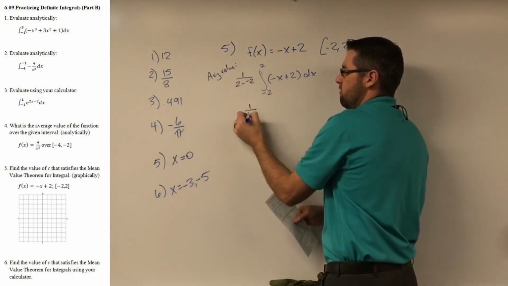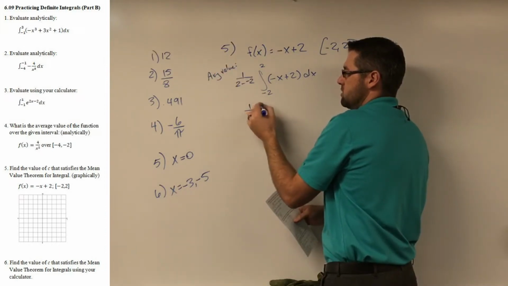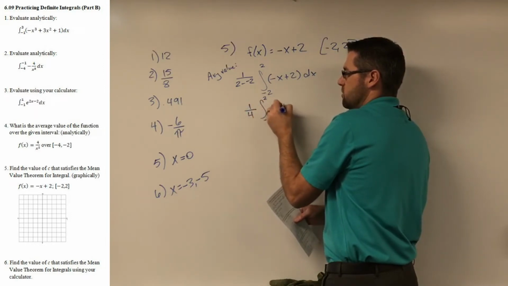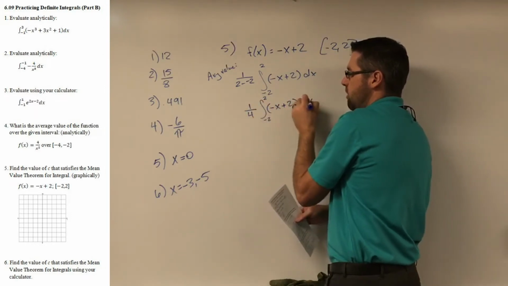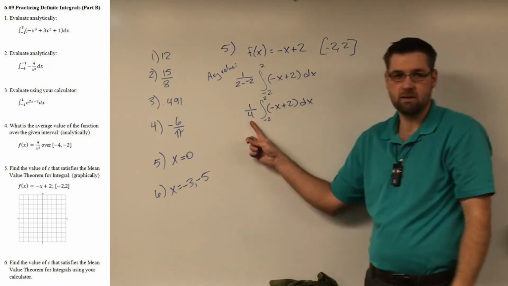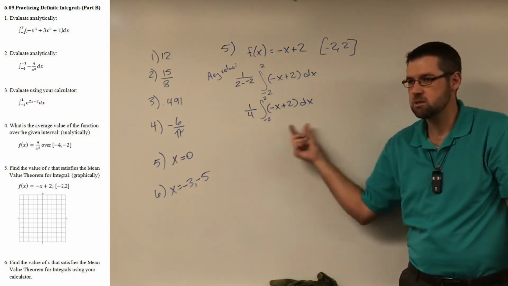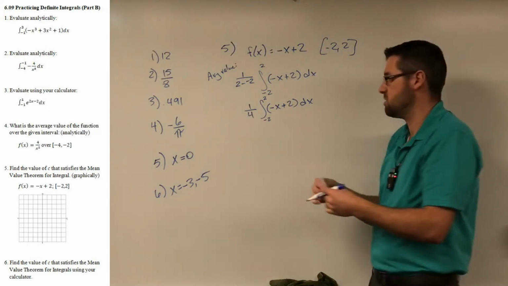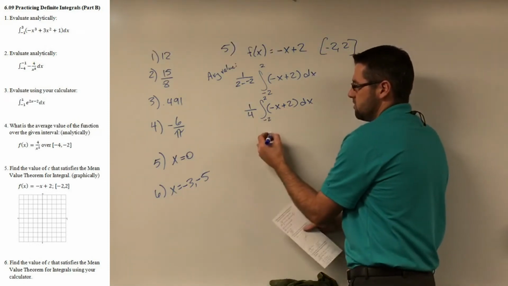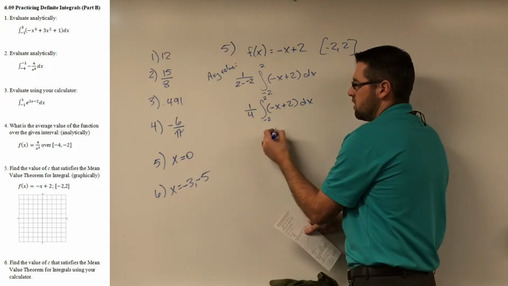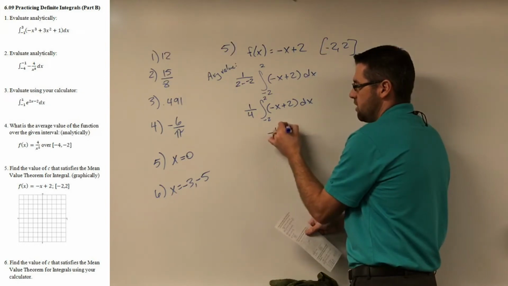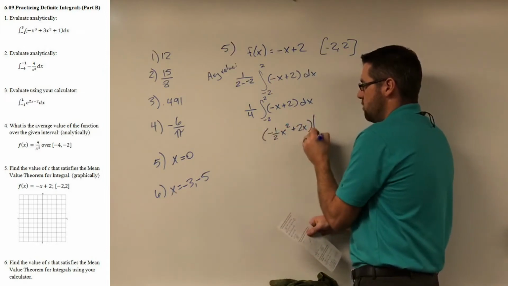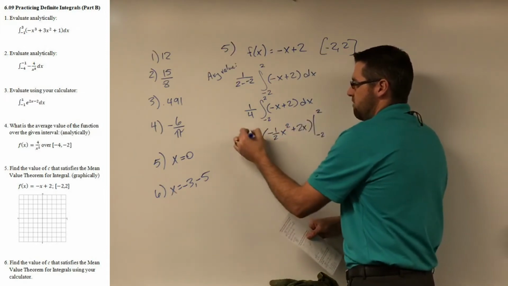So the average value is going to be 1 over 4 times the integral from negative 2 to 2 of negative x plus 2 dx. Now, there's a couple ways to approach this, but this is a constant, right? Remember what we can do with a constant? We can move it back in and back out. What's the antiderivative of this? Negative 1 half x squared plus 2x, in parentheses, evaluated from negative 2 to 2, with the 1/4 out front.